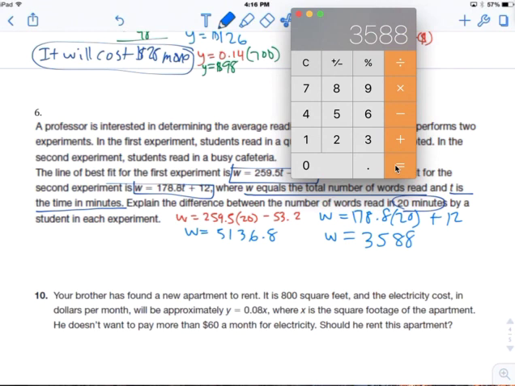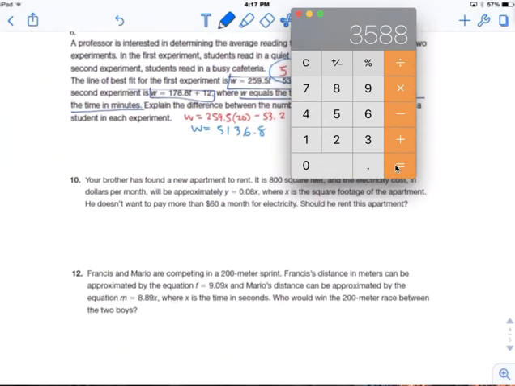The student in the quiet room reads this many words in 20 minutes. The student in the noisy room reads this many words in 20 minutes.